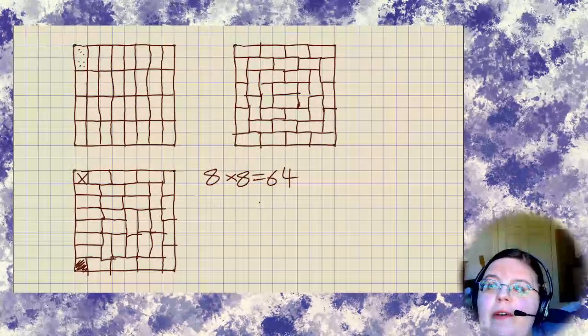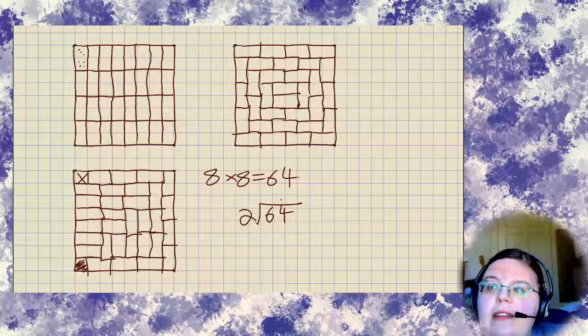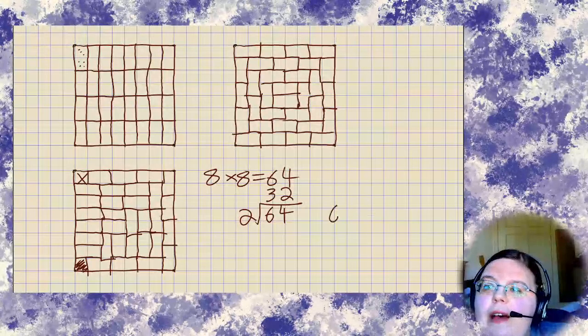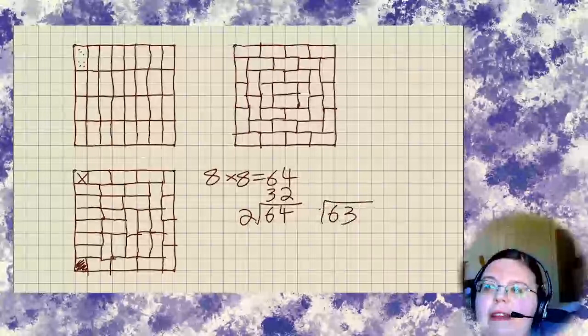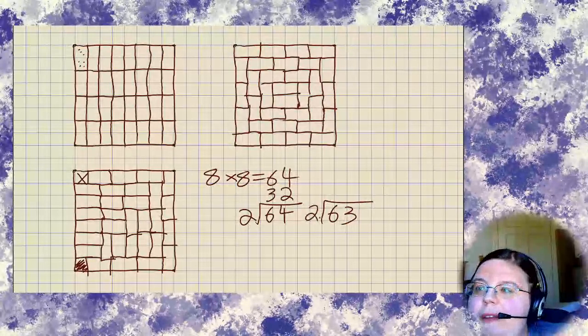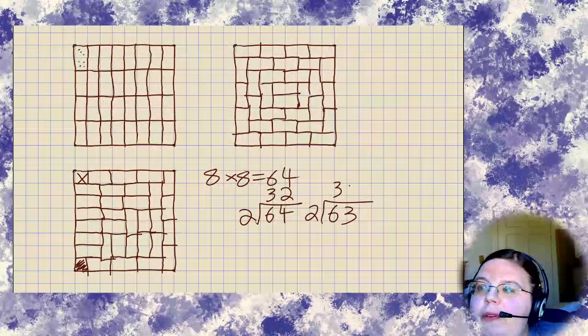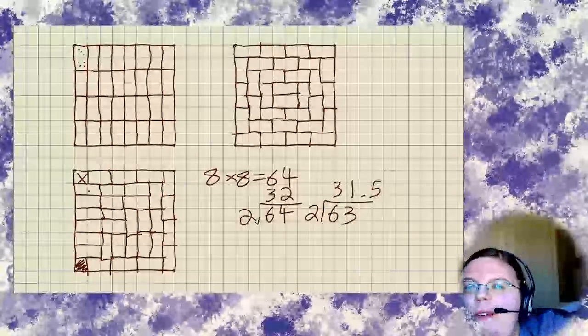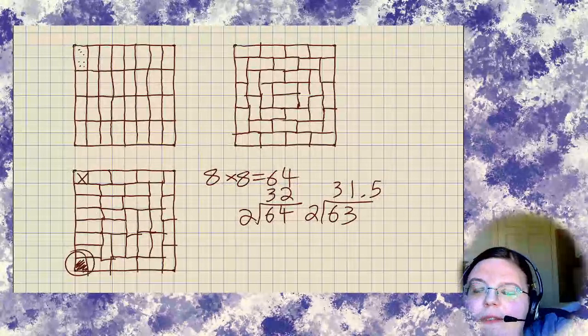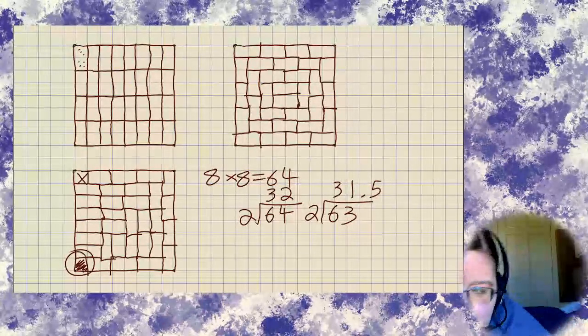If each domino is covering two spaces, we have to have exactly 32 dominoes. But if we try to cover only 63 of the spaces, we have a problem, because we'd have 31.5 dominoes. And 0.5 dominoes, that's not a thing. So that's why we end up with an extra spot uncovered.